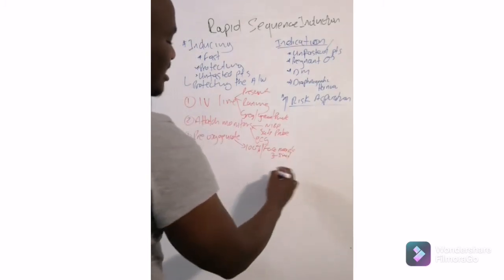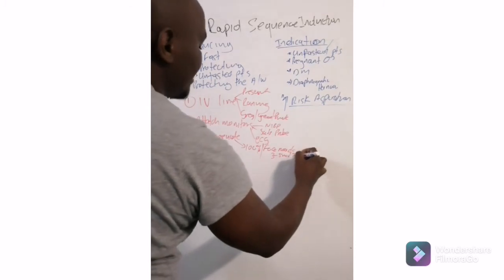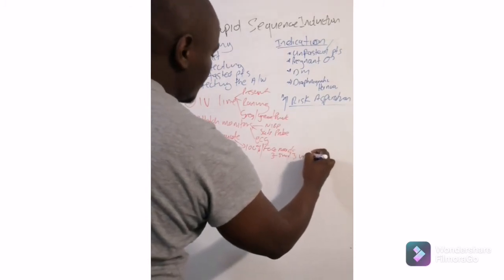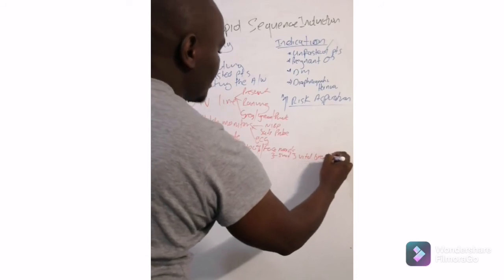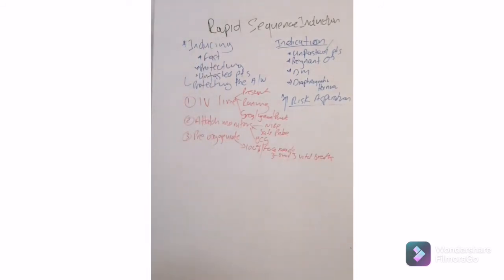Some say the patient can take about 3 vital capacity breaths. But most of the times we do 3 to 5 minutes. This is what we are taught where I'm currently working. So the breaths thing is not what we follow. We do the 3 to 5 minutes.